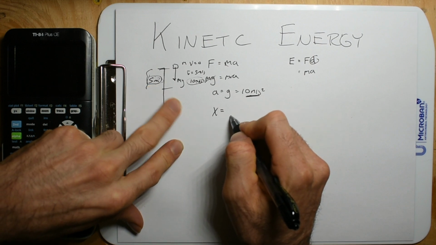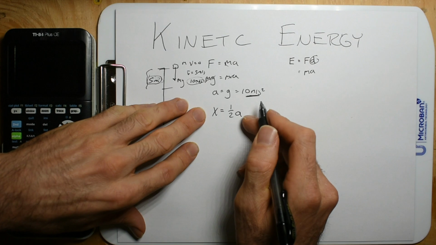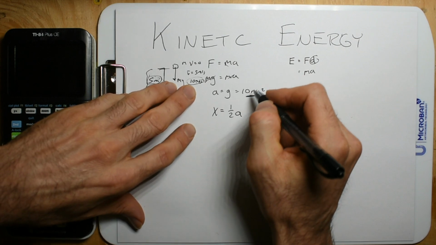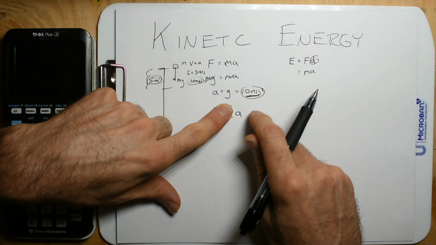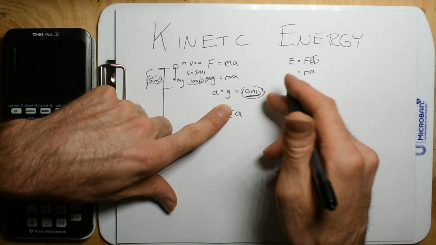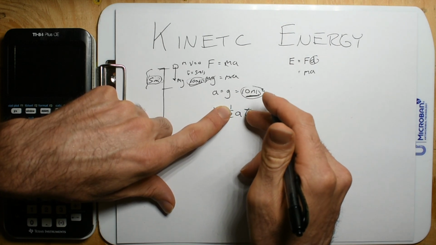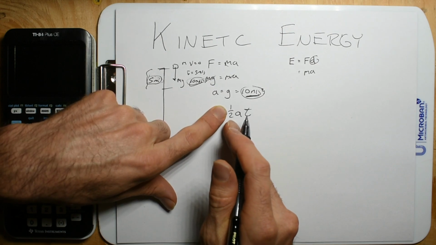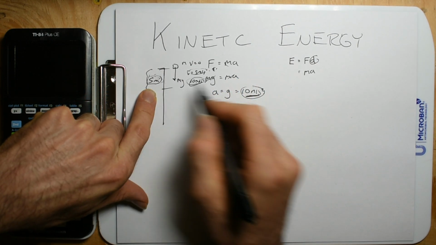So the velocity was acceleration multiplied by 1 second, that's the time thing. Then we divided it by 2 to get the average velocity. That's the half. And then we took this average velocity and multiplied it by 1 second to get this distance.